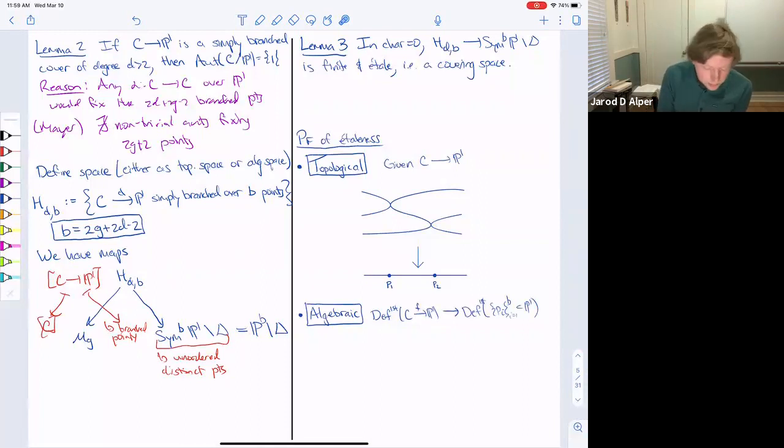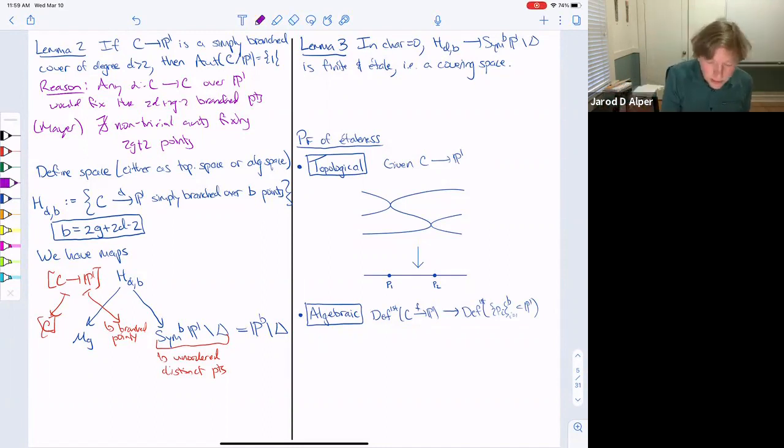Right, and what we want to know is that this map is finite and étale. So in characteristic 0, this is the third lemma. Here I did add the characteristic 0 hypothesis. This map is finite and étale. In other words, this map is a covering space. The reason we care about this is that the first lemma we proved implies that there exists a simply branched covering of C. But now, because this map is finite and étale, as I deform the B unordered points, I can deform the curve with it.